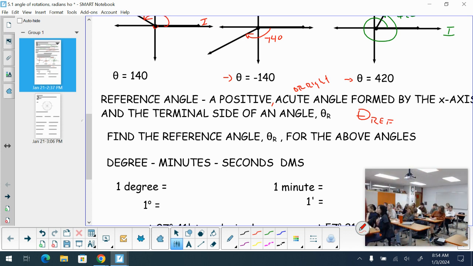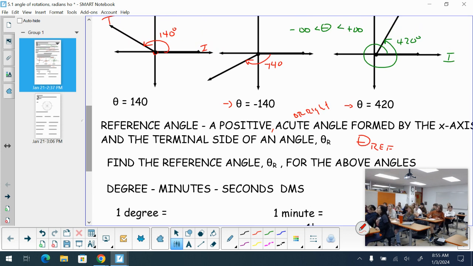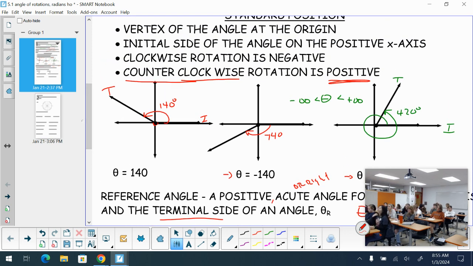So what we're looking for here is the positive acute angle formed by the x-axis and the terminal side. If we take a look at the first triangle up here, the x-axis is a line that stretches the whole way from left to right.